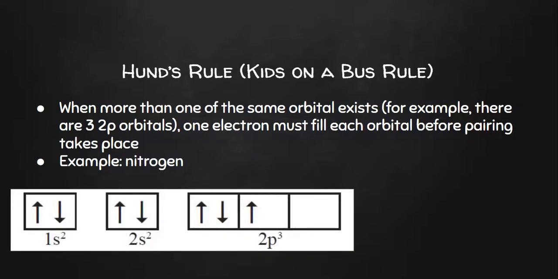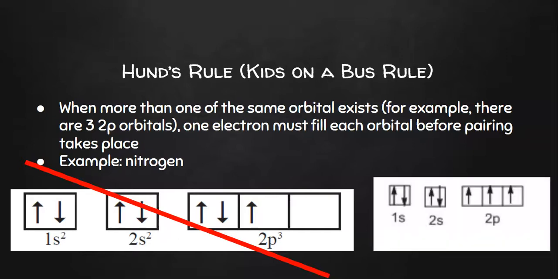This would not be correct because it violates Hund's rule, okay? In this incorrect diagram, we've paired up the first 2 electrons, but it should look like this, with 1 electron in each of the 2p orbitals. And this makes sense, right? Electrons are negative, so that means they repel each other. So it makes sense that we would put them alone before we pair them up.